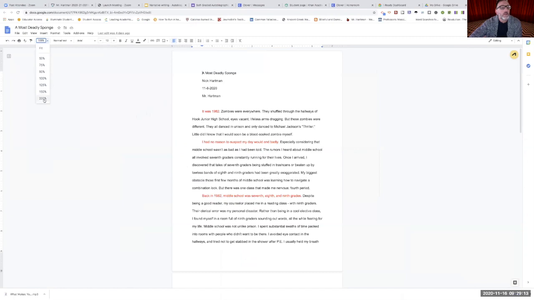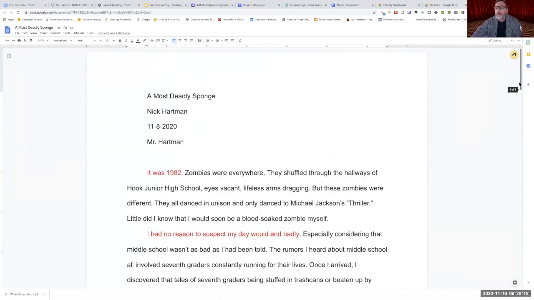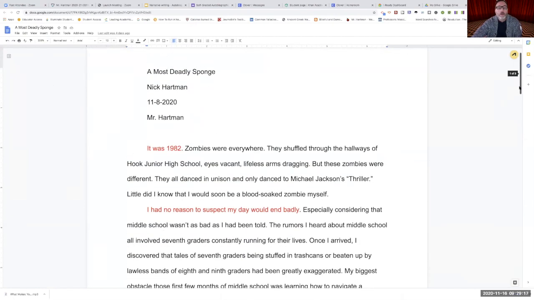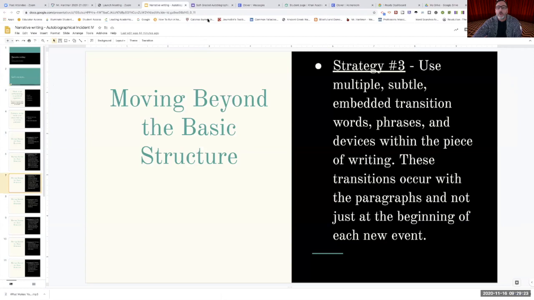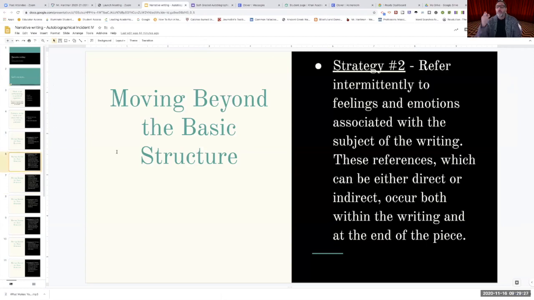So what I want to take a look at right now is, I want to read this just for the feeling and the emotion. So let me come back to strategy 2 here. Refer intermittently to feelings and emotions associated with the subject of the writing. So obviously, this is a situation that took place in middle school.